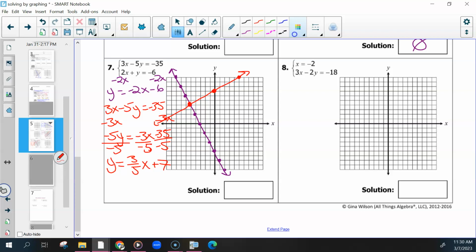What would our solution point be? Positive 5, 4? -5, positive 4.